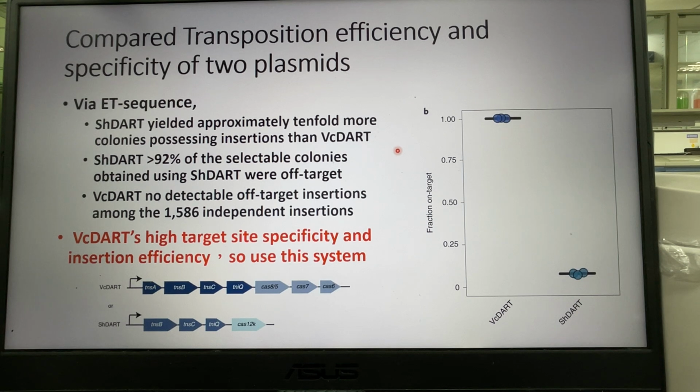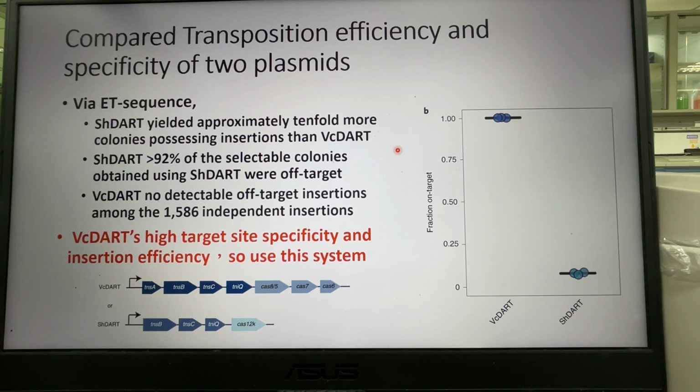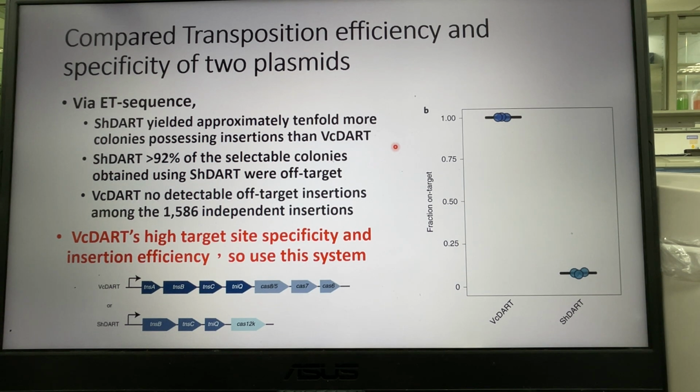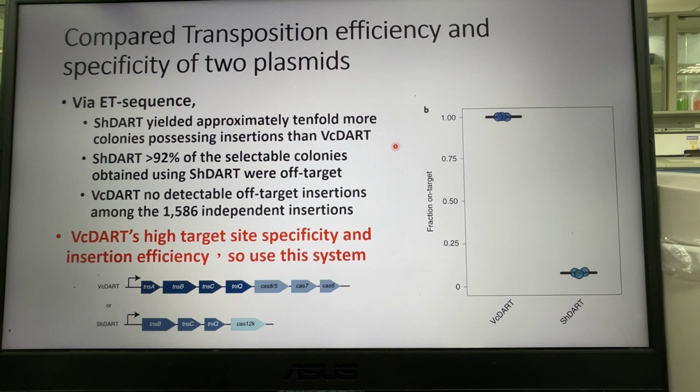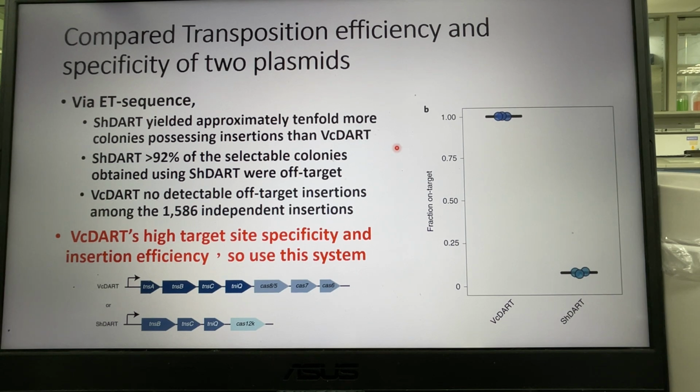And by using ET-seq, we can find out that SH DART has approximately 10-fold more colony insertions than VC DART. And over 92% of the selectable colonies obtained using SH DART were off target. And for VC DART, there was no detectable off-target insertion among the 1,586 independent insertions.